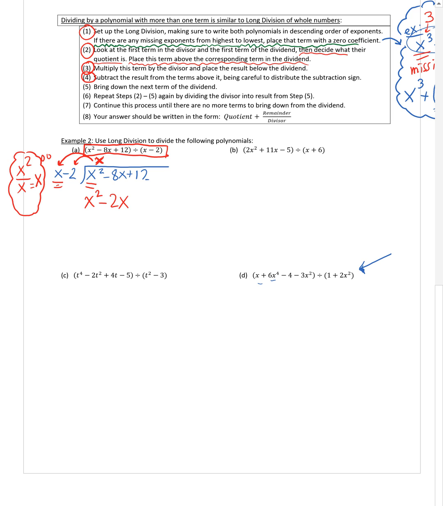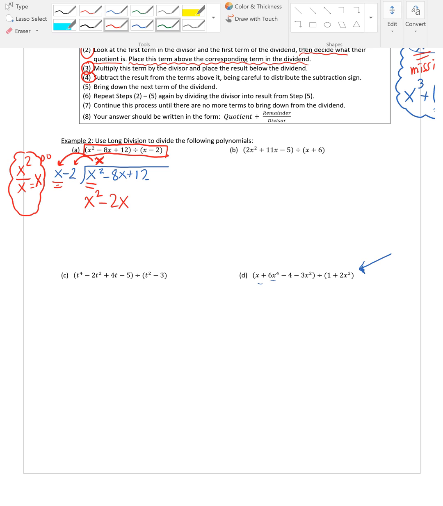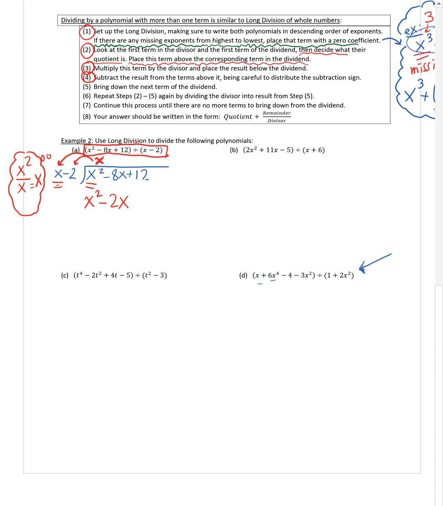The next step, step 4, says you're going to subtract the result from the terms above it, being careful to distribute the subtraction sign. So this is where people make mistakes. This is where I put an exclamation point right here, because I think mostly people do this process right. Maybe they make silly mistakes here and there, but they mostly do it right except this part here. What we want to do is, like we did in regular long division with the numbers, subtract this guy.